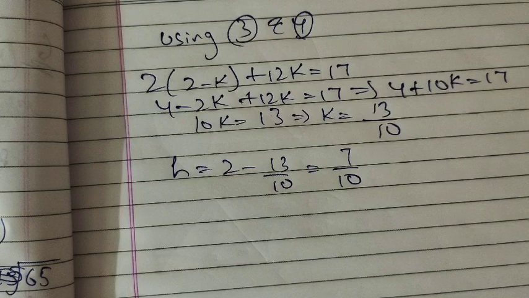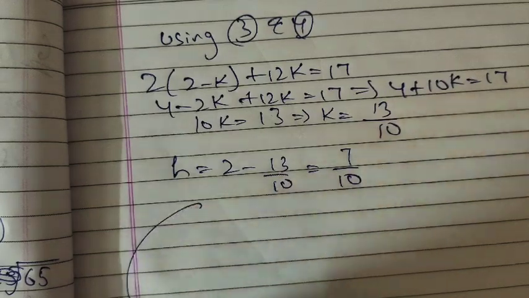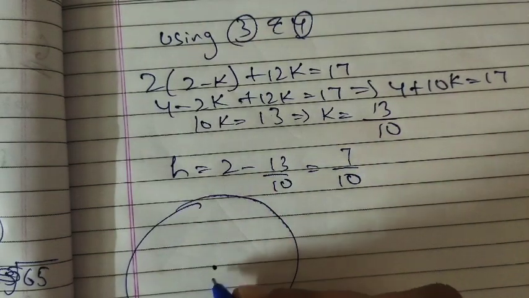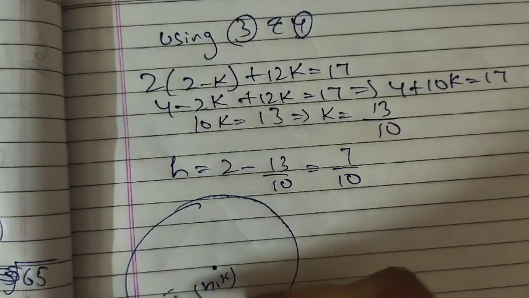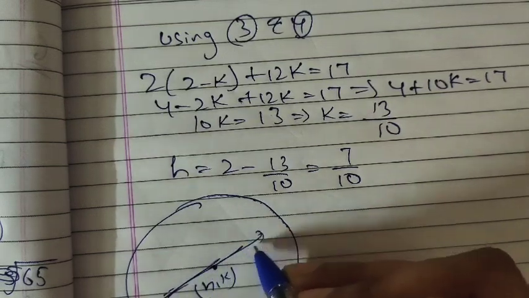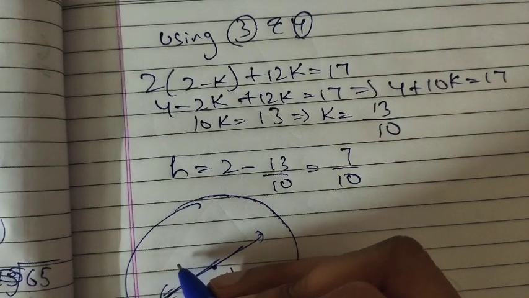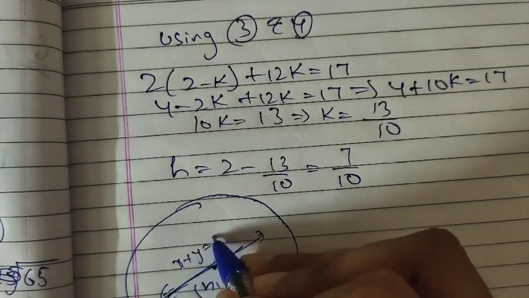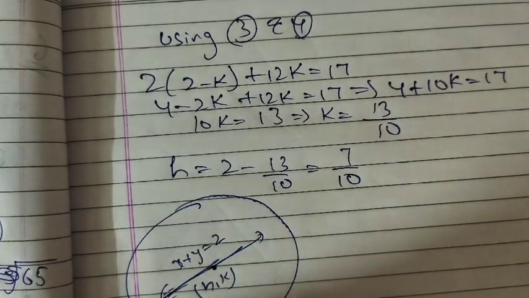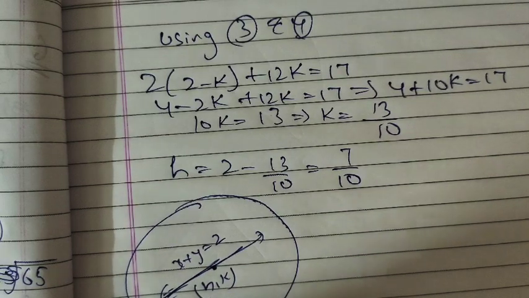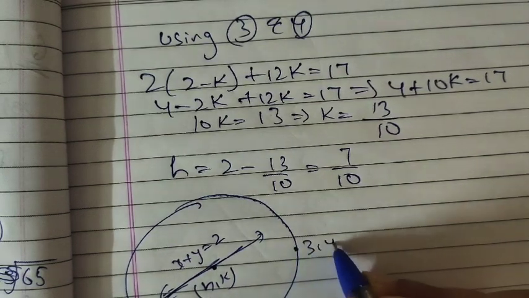Now the radius will be equal to, if suppose this is a circle, what we have done, this is (h, k), the center of the circle. Now the center of the circle lies on the line x + y = 2, and the coordinates (2, -2) and (3, 4) are on it, right?